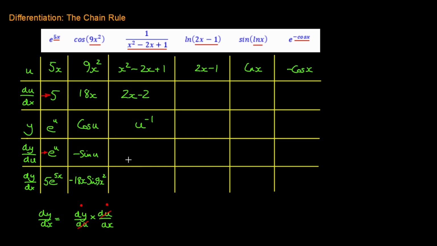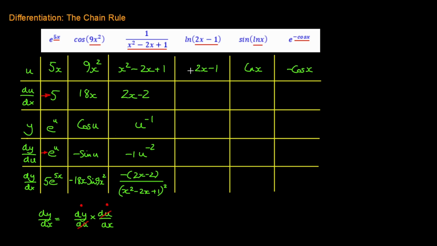To differentiate this, minus 1 comes down. This will be u to the minus 2. So our result, multiplying line 2 by line 4 again, will be negative (2x minus 2) divided by u squared. So that's the answer to the third of our problems.